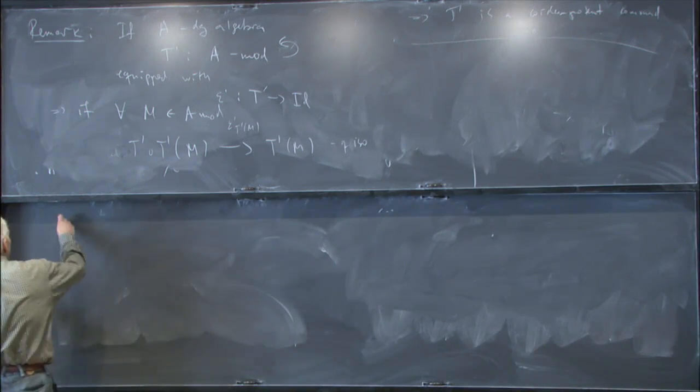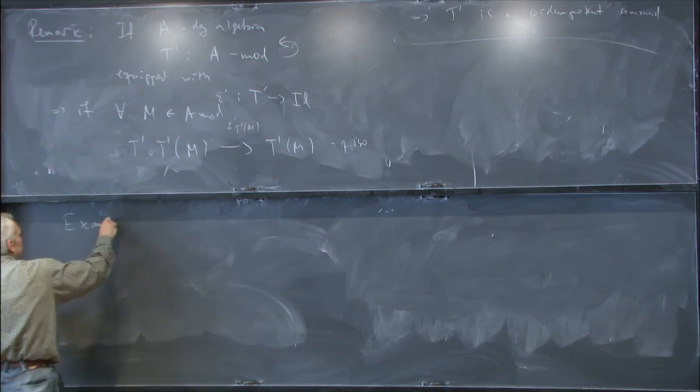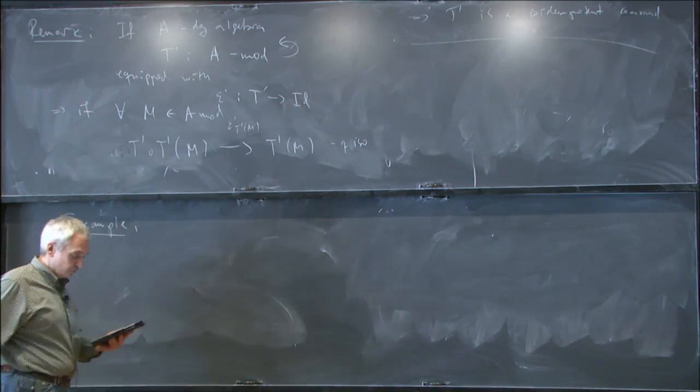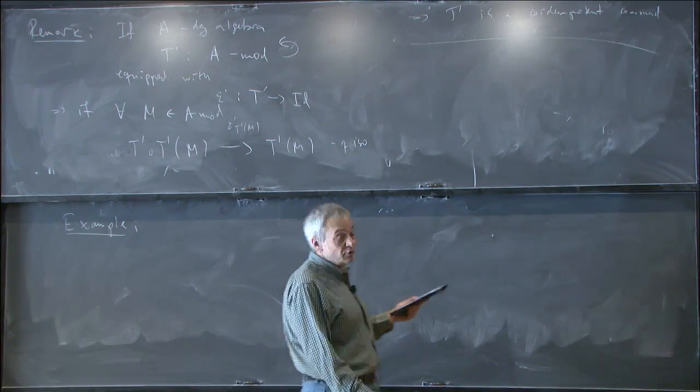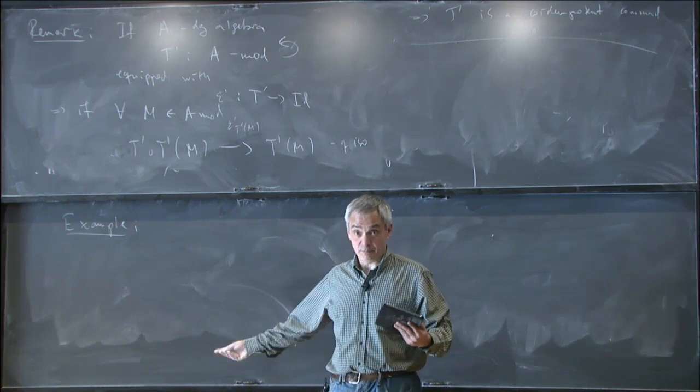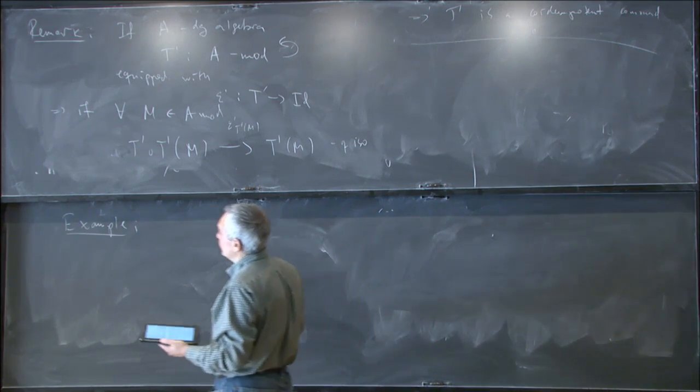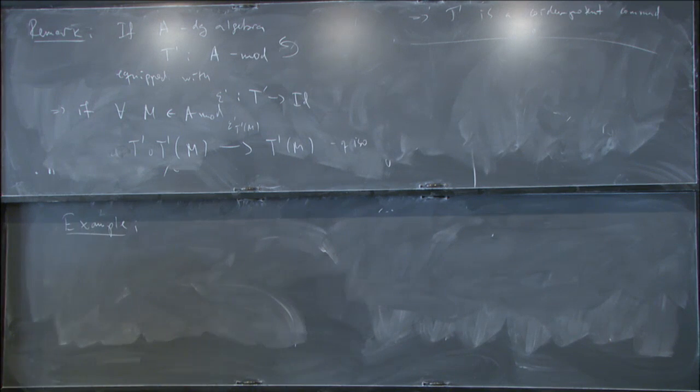But let me just talk about the simplest of examples to see that. There is a universal formula for this functor. That's the main theorem. There is a universal formula given by some explicit combinatorial constants.